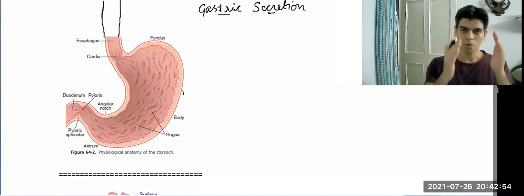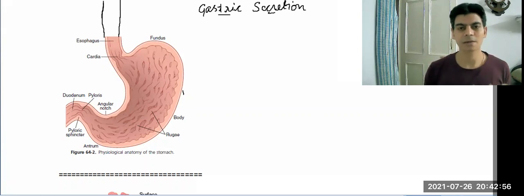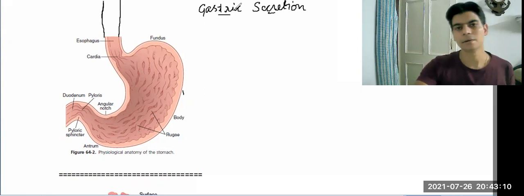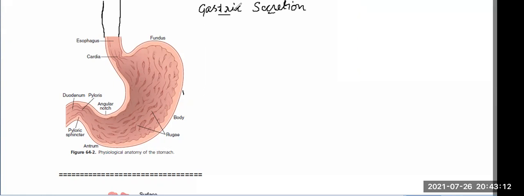So esophageal secretions are entirely mucous. There are no digestive enzymes secreted in the esophagus because no digestion takes place in the esophagus, right? So esophageal secretion is entirely mucous.